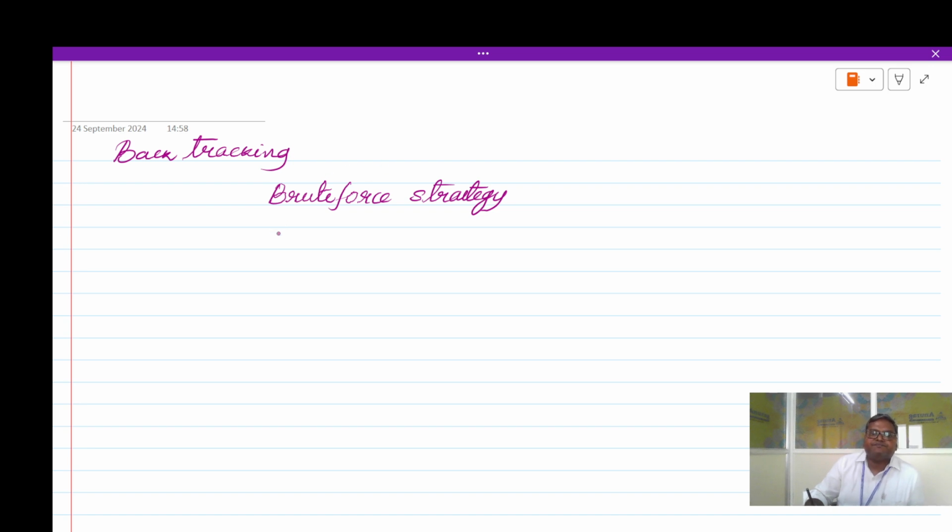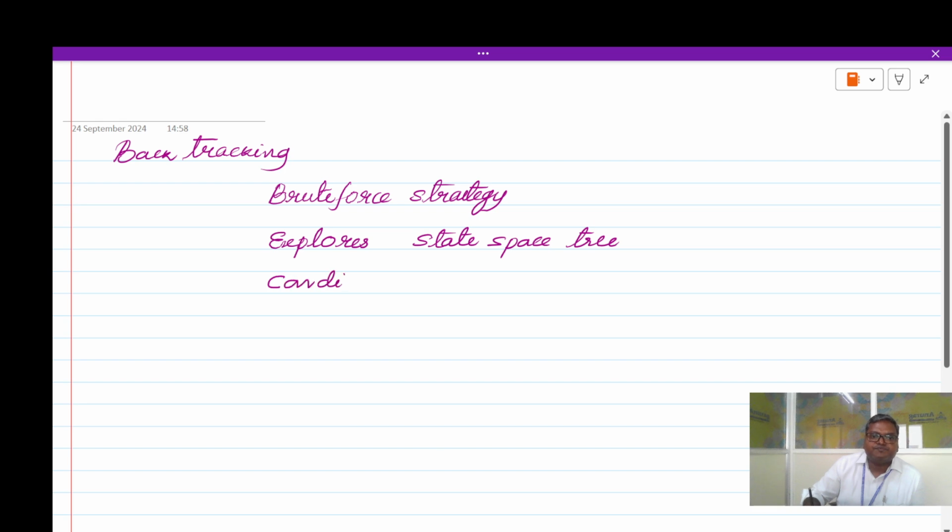So backtracking incrementally develops the solution space, which we call the state space tree. And then whenever there are conditions or bounds, it will backtrack and it will not continue further on that path.